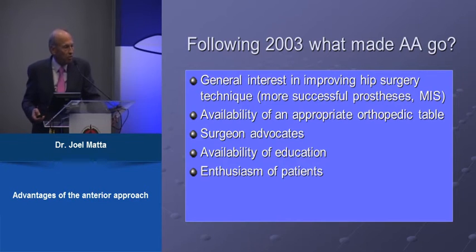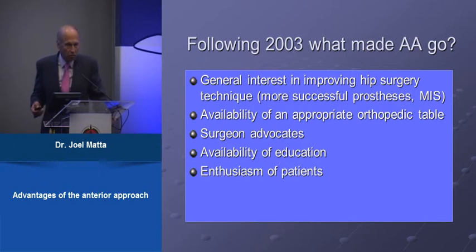So what made anterior approach go? I'd say an interest in improving hip surgery, the orthopedic table helped, surgeon advocates, available education, but this last factor, the patients are very enthusiastic, and we can't doubt the importance of that factor.